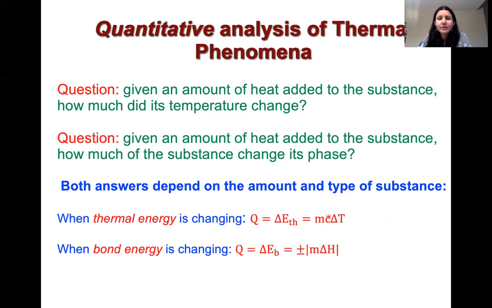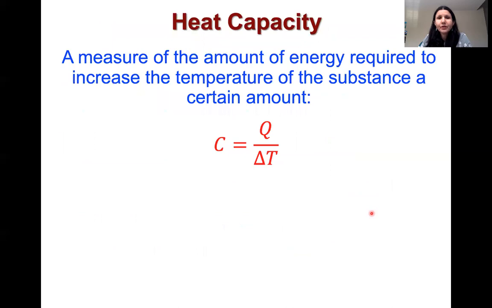Okay, so let's go into more details about the meaning of this little c. So we'll start with heat capacity, which is capital C. In the previous equation, it was lowercase c. So I know it's a bit subtle, but there's a difference.